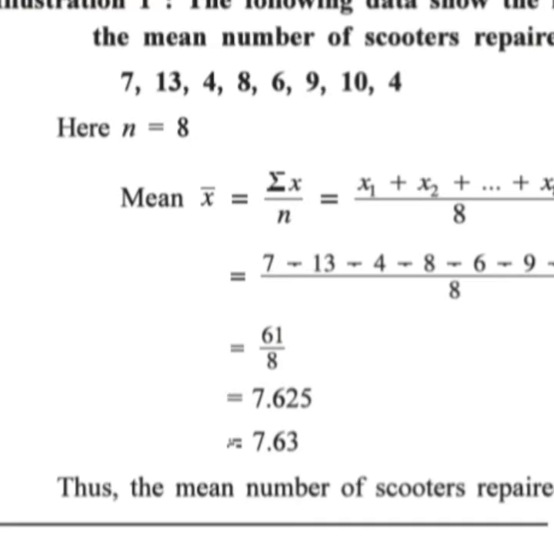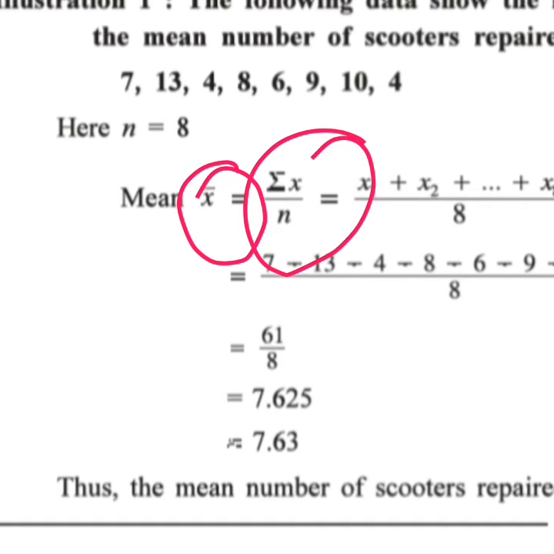Now, as we have seen what we mean by mean, as far as the formula goes, our x bar is equal to sigma xi upon n. Sigma xi is equal to the total of all the observations.